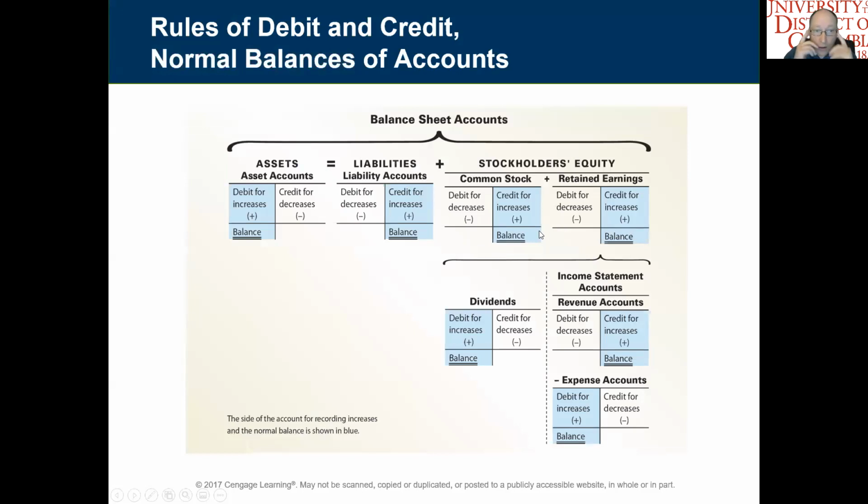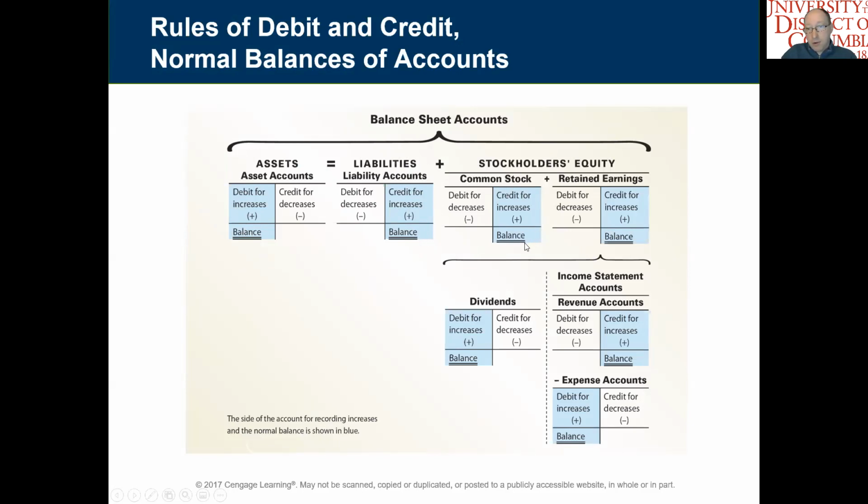So let's go ahead and take a look at that relationship. Looking again at our balance sheet accounts, my cash normally has a debit balance. When I have liabilities, I normally have a credit balance for liabilities. I normally owe something, so I normally have a credit balance.